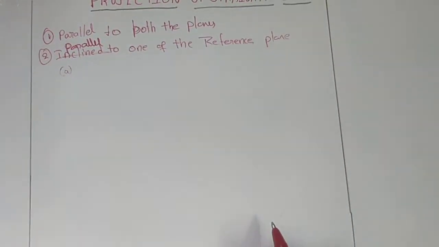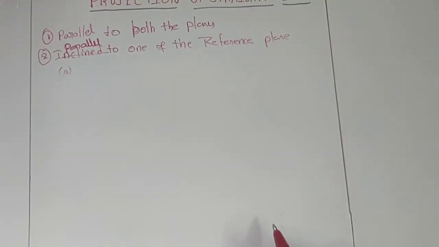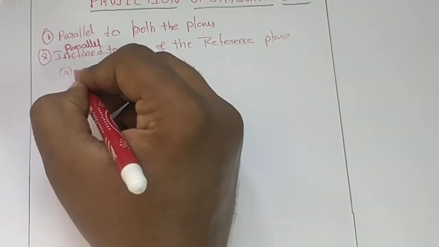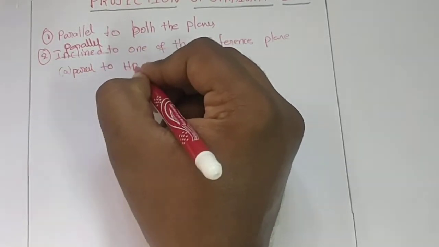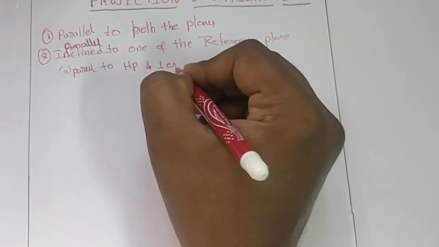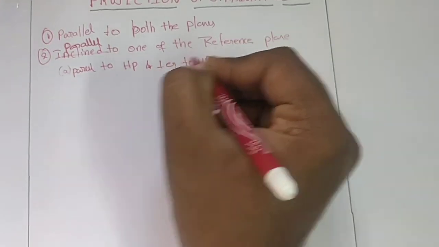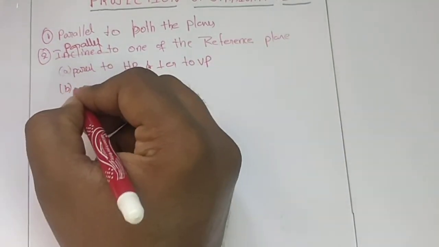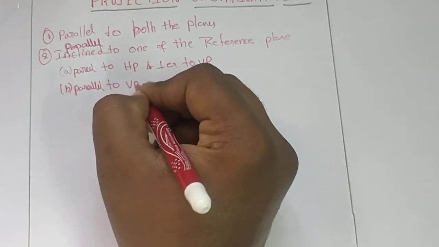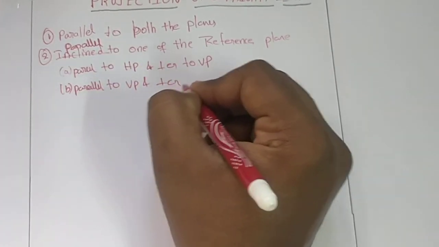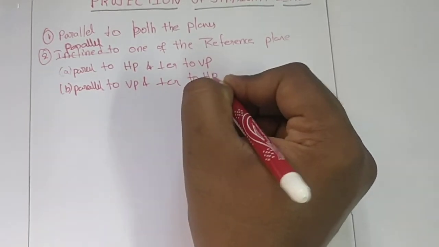Parallel to one of the reference planes means we get two cases: parallel to HP and perpendicular to VP, and similarly, parallel to VP and perpendicular to HP.